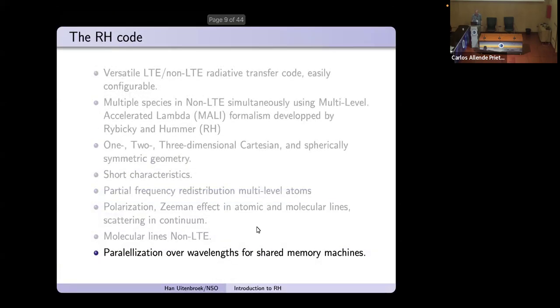But it is implemented. At the moment, the code only parallelizes over wavelength, and this only works for shared memory machines. There are some Python implementations that distribute load over much bigger machines in a 1.5D case, where you treat every column in a big 3D cube one by one, and that can work very well in parallel.